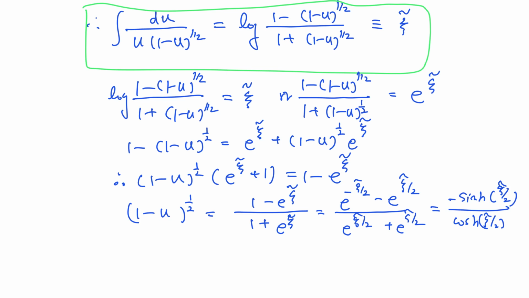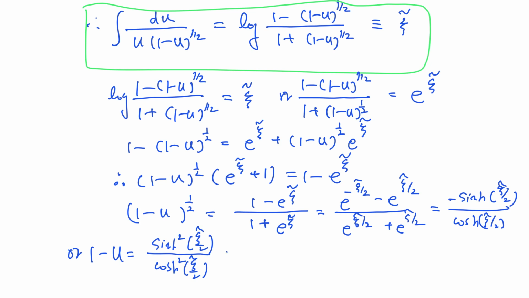Or 1 minus u is cosine square hyperbolic over 2 over sine square hyperbolic over 2.